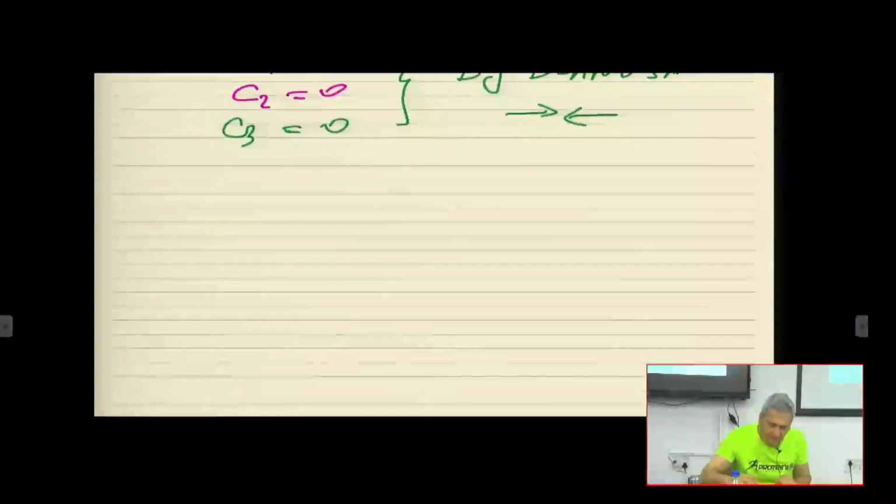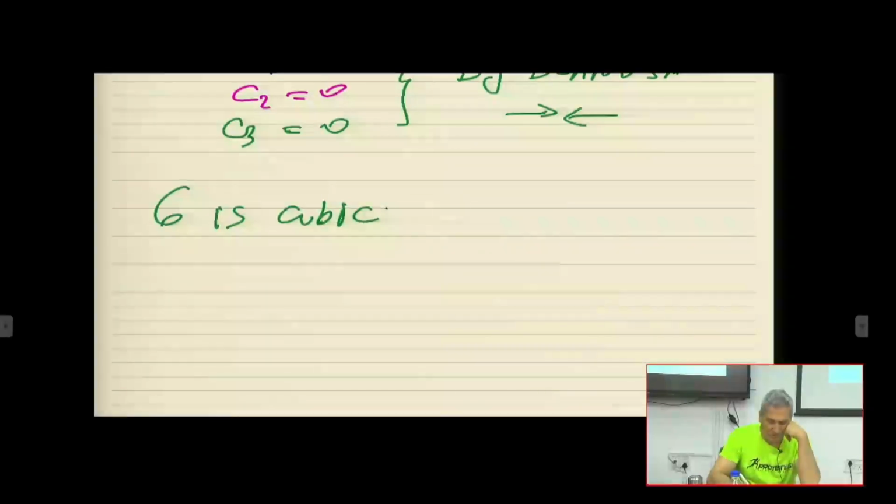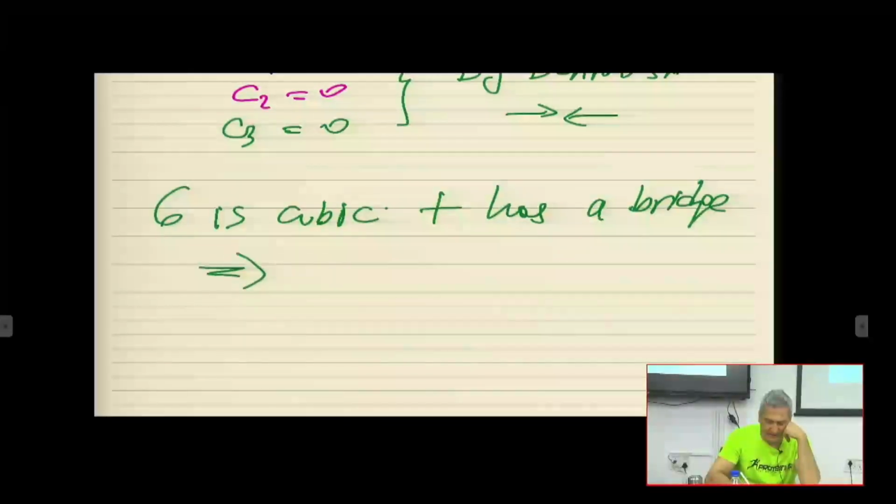So what is the conclusion? If G is cubic and has a bridge, then the chromatic index is 4.